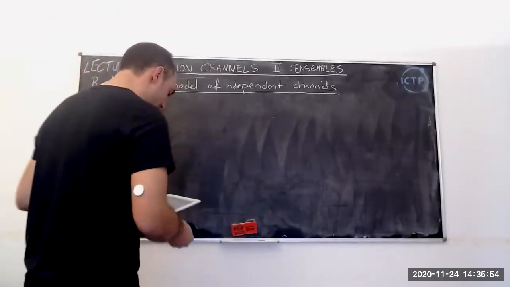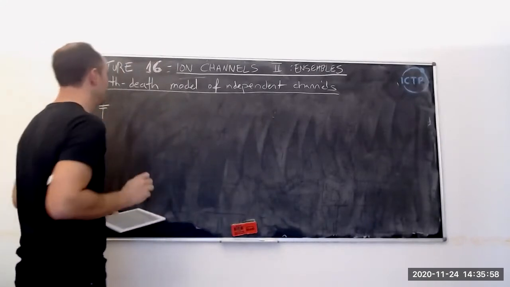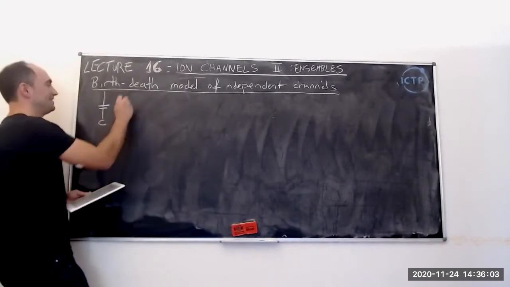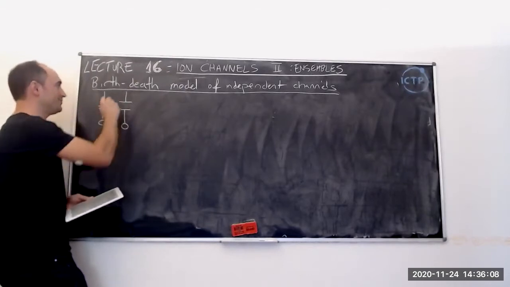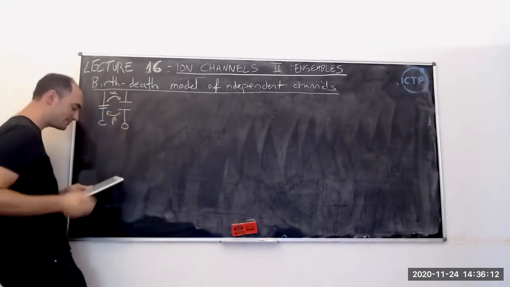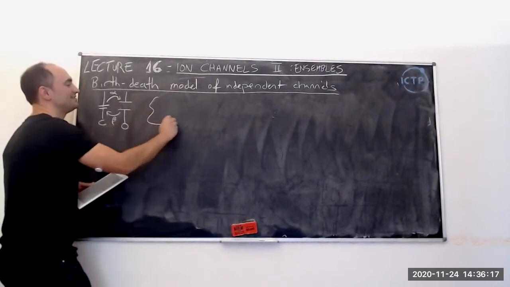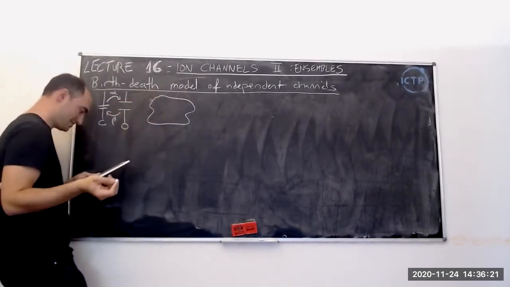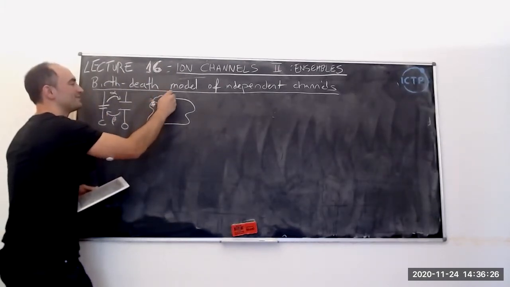And what I will do is the following. So remember, this is my model, because it's the, okay, you have C and you have O. So when we have one channel, we say the opening rate is alpha and the closing rate is beta. But now we are thinking about an ensemble. So we have a cell, and there are channels, and some of them are closed, some of them are open.